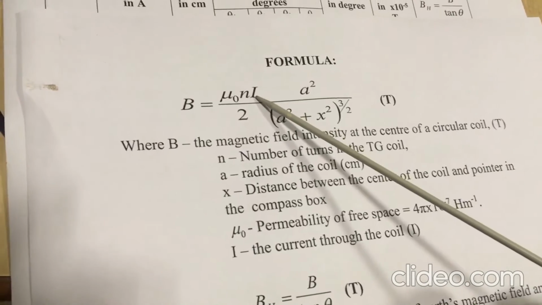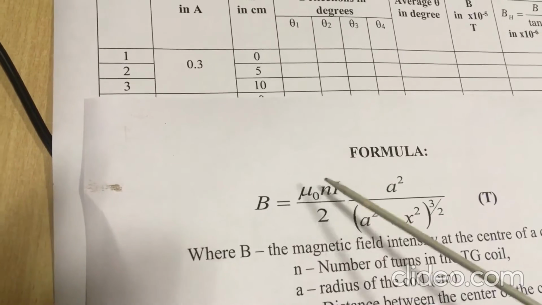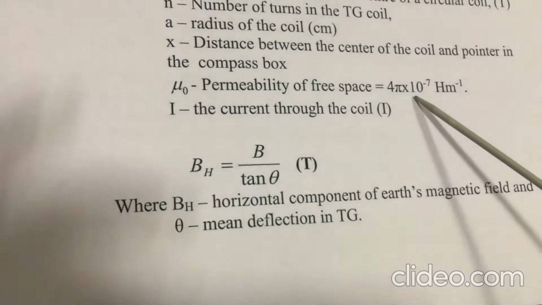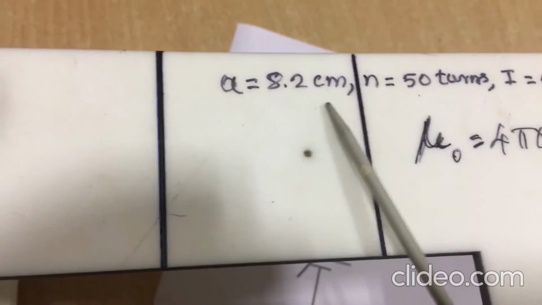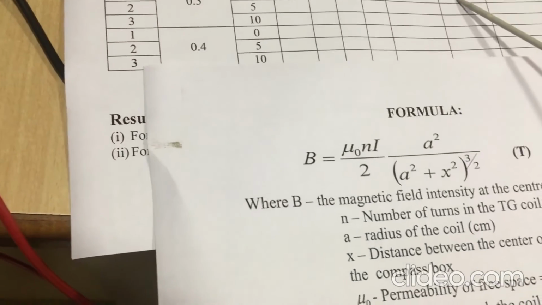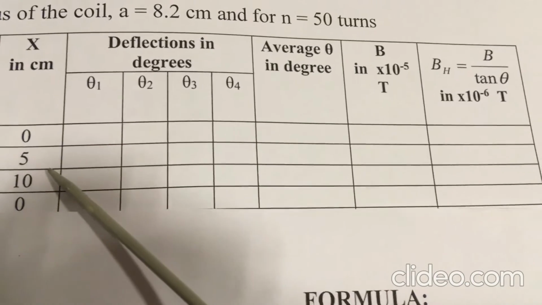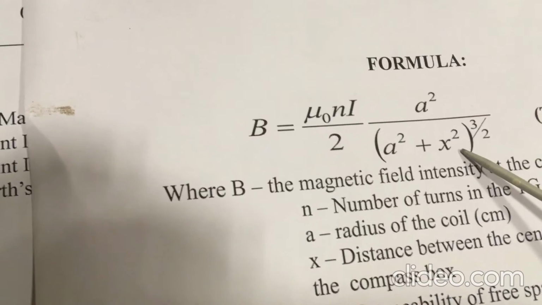In this experiment I is 0.3 the first time, N is 50 turns, mu naught is the permeability of free space, 4 pi into 10 power minus 7 Henry per meter. a is the radius of the coil, that is 8.2 centimeter. By substituting all the values, we can determine the B value at x is equal to 0. Similarly, we calculate the B value for different x values, x is equal to 5, 10, 15 centimeter.